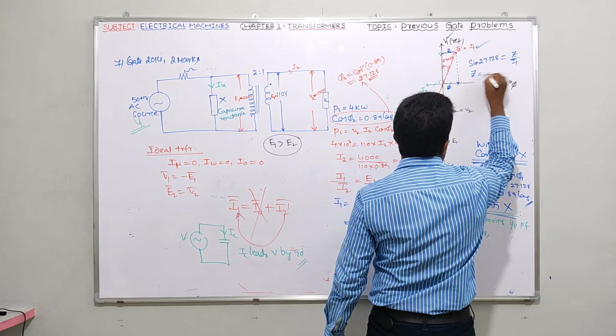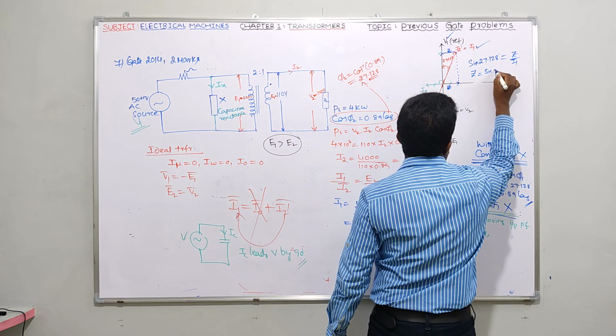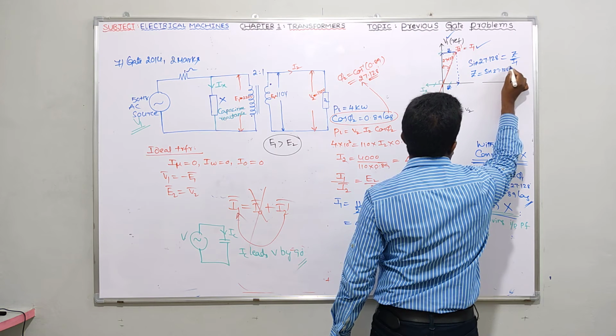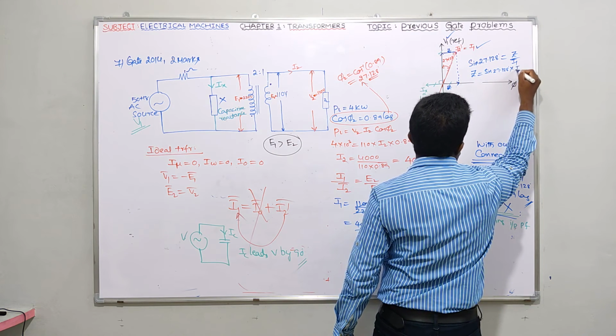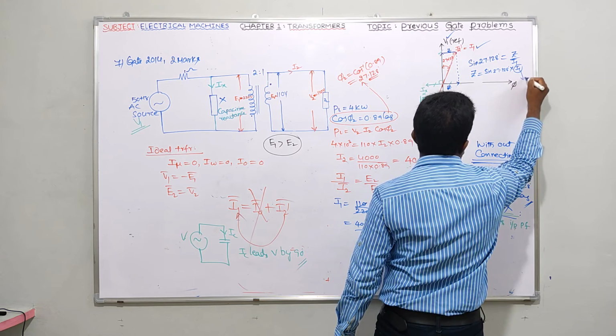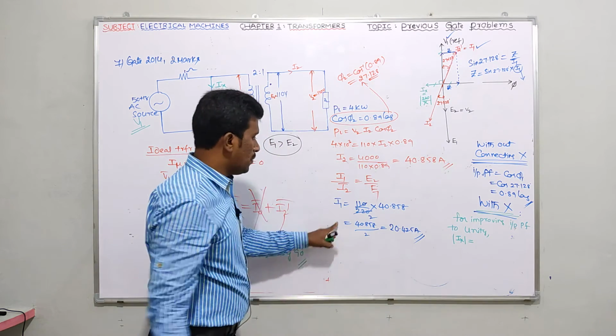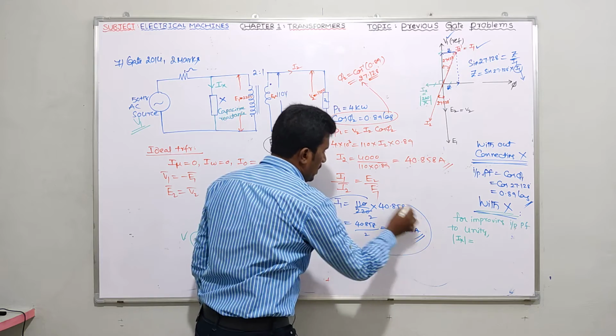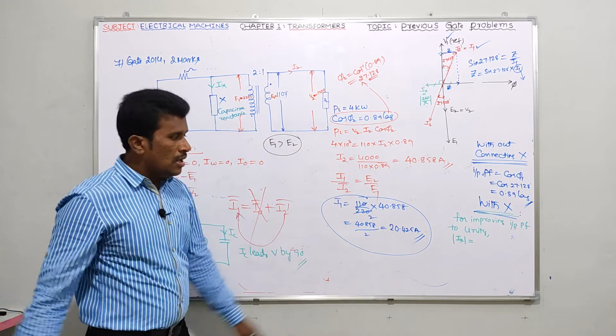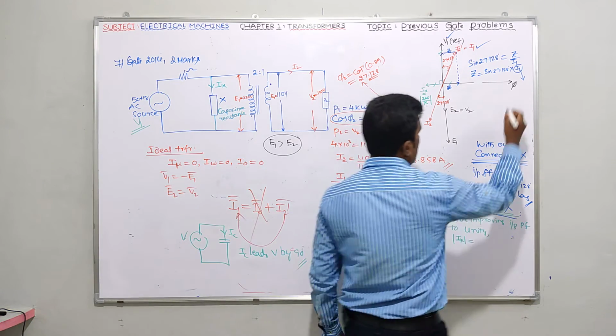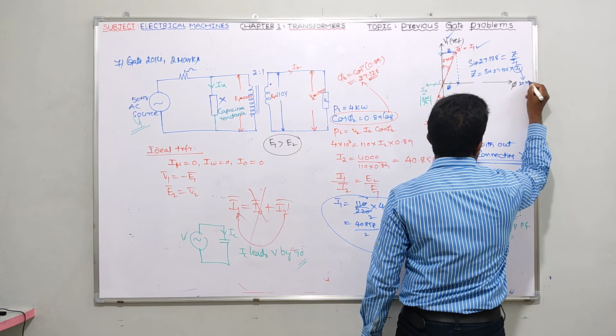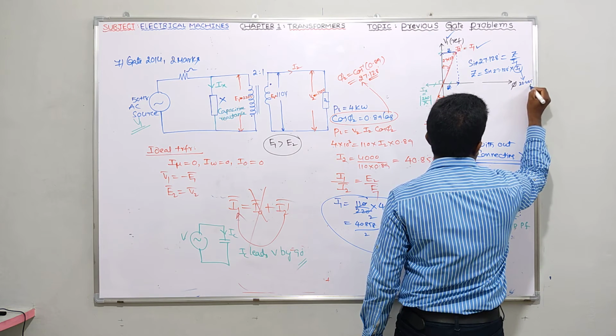So Z equals sine 27.128 into I1. I1 value, how much? I already calculated it previously, in advance, because it will be useful for us. What's the value of I1? 20.425 amperes.